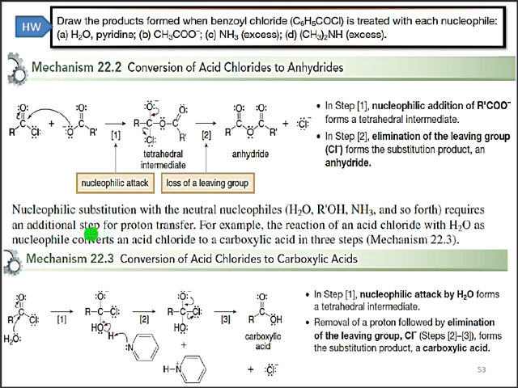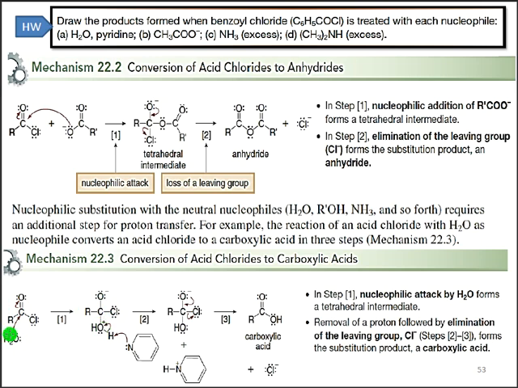The extra step is to remove the proton, or transfer the proton from the tetrahedral structure to another compound. The reaction of an acid chloride with H2O as the nucleophile converts the acid chloride to the carboxylic acid, in three steps. Look here: addition of the H2O molecule opens the pi bond, and then we have a positive charge on the oxygen. Why?